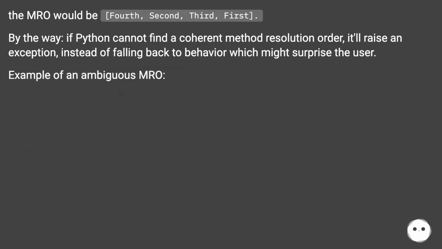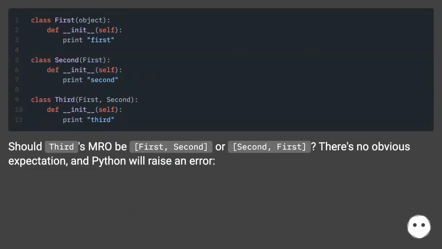By the way, if Python cannot find a coherent method resolution order, it'll raise an exception, instead of falling back to behavior which might surprise the user. Example of an ambiguous MRO: should Third's MRO be First, Second, or Second, First? There's no obvious expectation, and Python will raise an error.